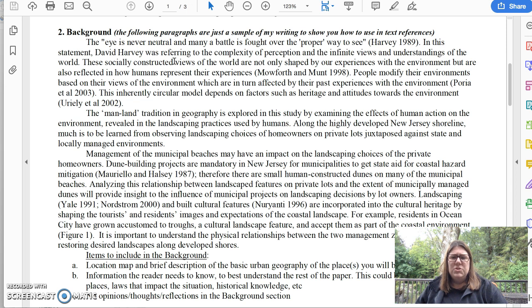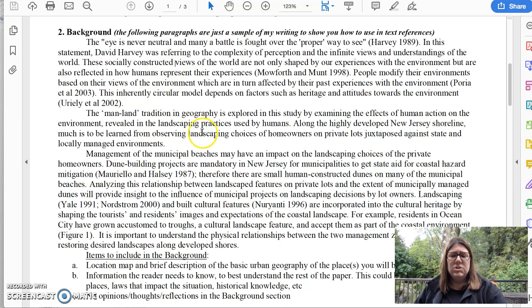So it was so special that if I didn't quote it, it wouldn't have been proper. Because people always talk about how David Harvey talked about how the eye is never neutral. And there's a proper way to see, and these sorts of things. So I quoted him. Otherwise, you should be paraphrasing while you still give credit to that source for that fact.